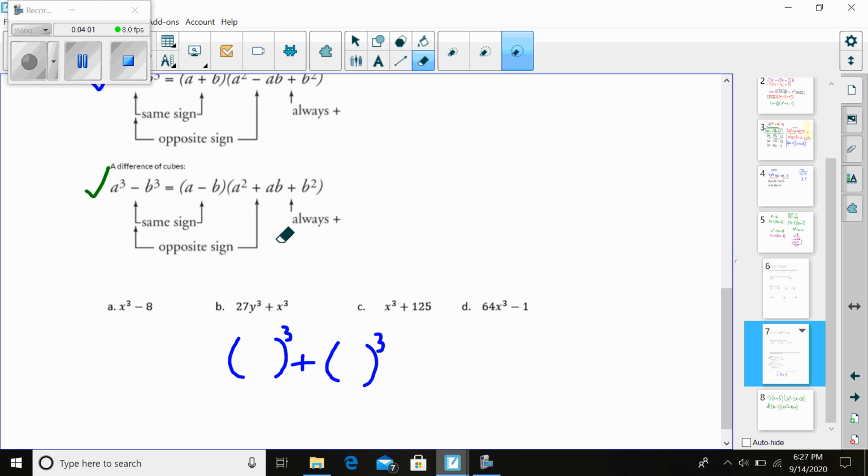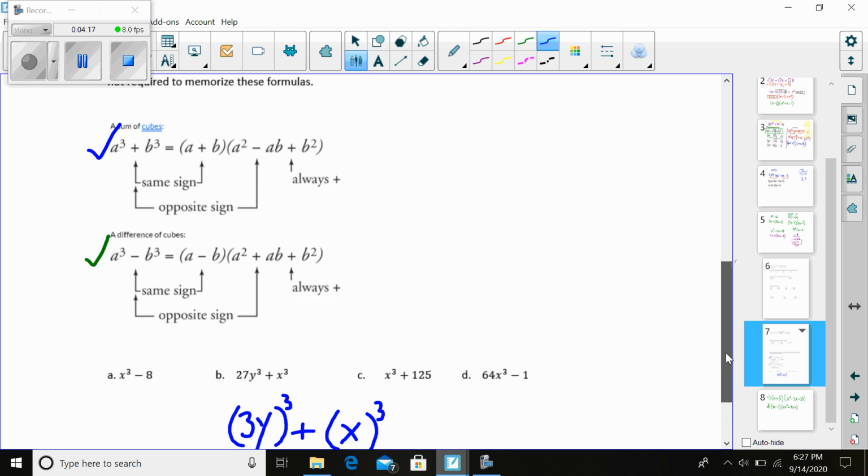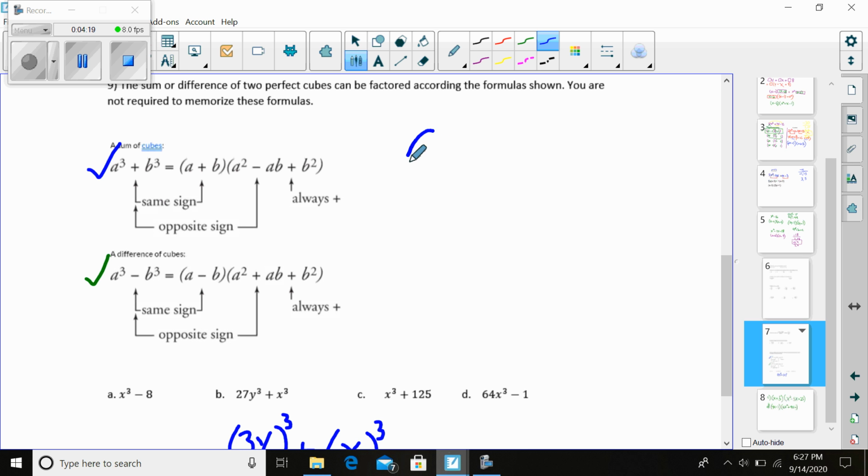All right, and I hope you decided that the value for A should be 3y. Okay, so A is 3y and B is x. All right, so I'm going to write that up here. A is 3y, B is x.